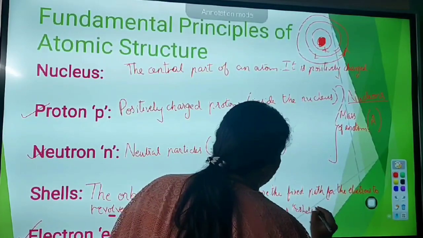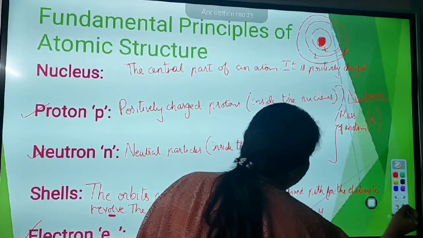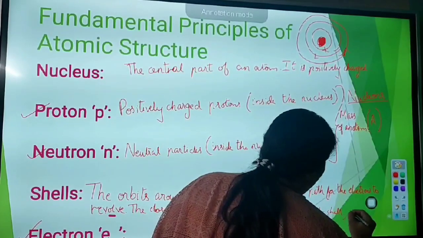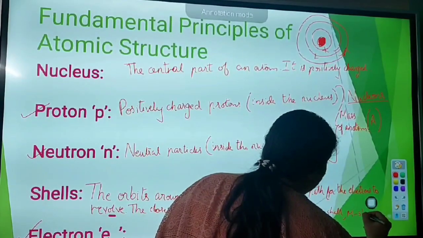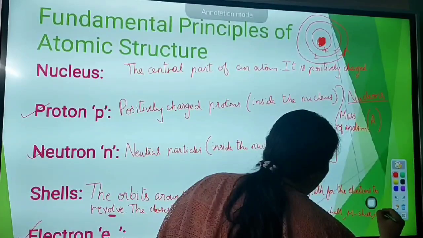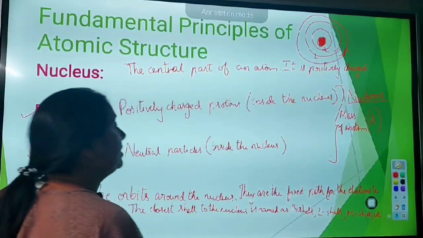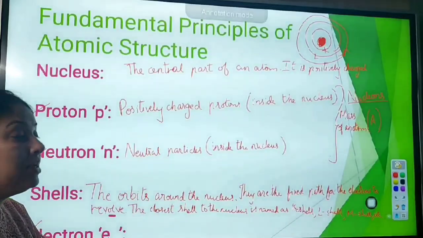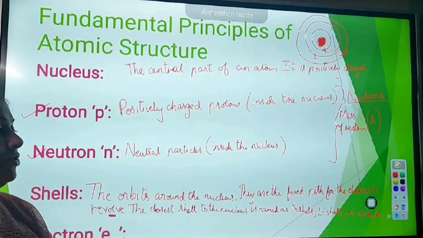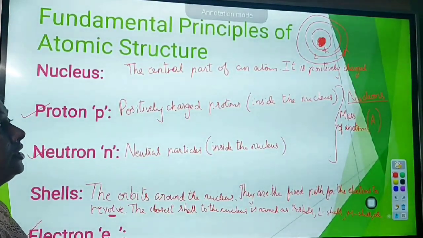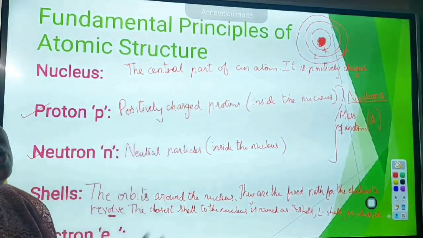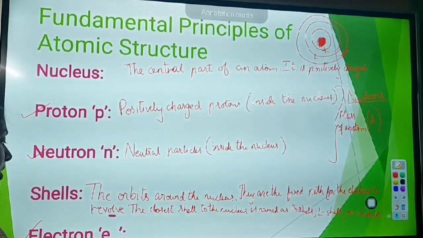Then it's L shell, M shell, and so on. Yes, children, remember, they don't start with ABC, they don't start with XYZ. It starts from the middle, it starts from K shell. The nearest one to the nucleus is K, then L, then M, and so on.